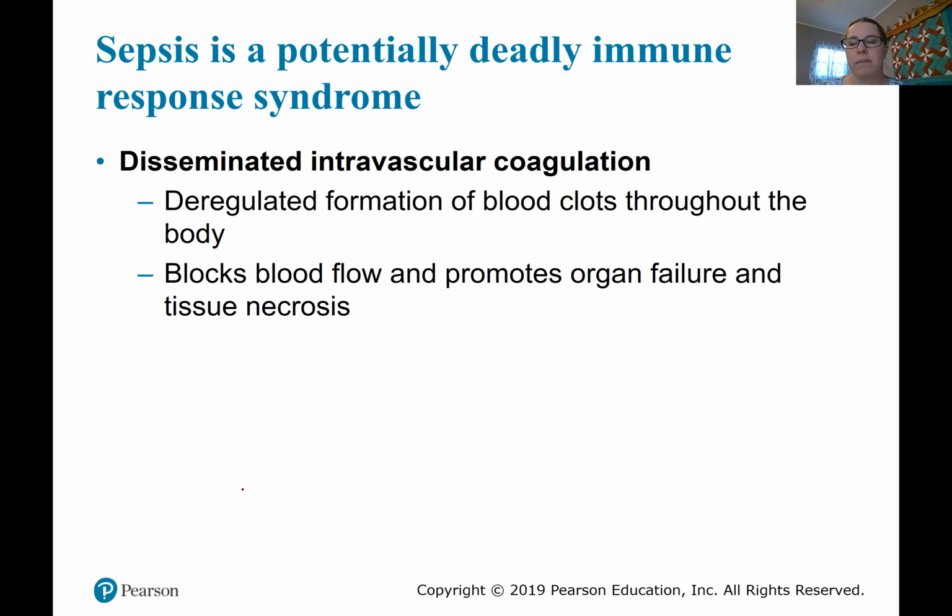So intra means inside of. So inside of the vascular system or inside of the blood vessels, there is coagulation or blood clotting that occurs, and that is again attributed to an immune response, and that can block blood flow and just add to that organ failure and necrosis. Again, because you have poor blood pressure, and then if you block those vessels on top of that, that makes things even more difficult.